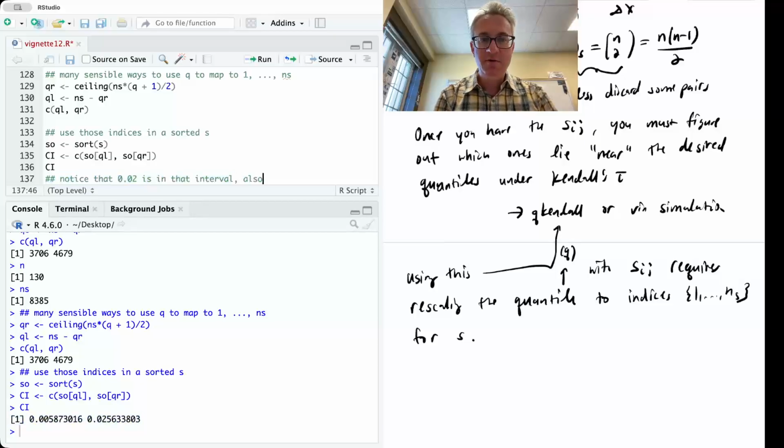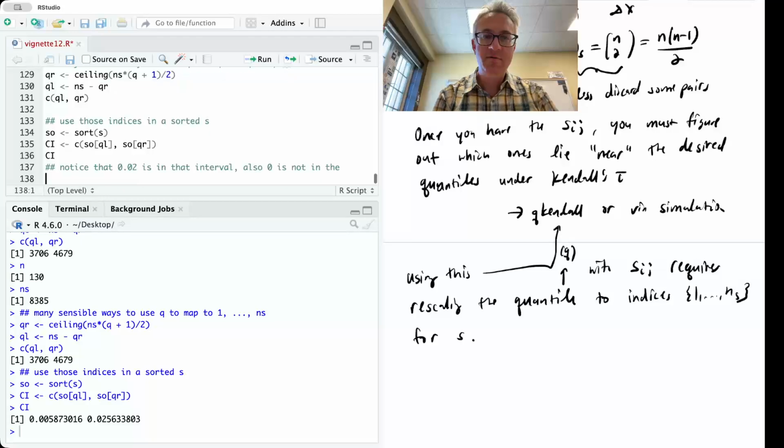And also, 0 is not in the interval. So we would also reject the null hypothesis that the slope is 0. So there's definitely an increase in precipitation, and it's reasonable to conclude that that increase is 2 inches over the span of 100 years.